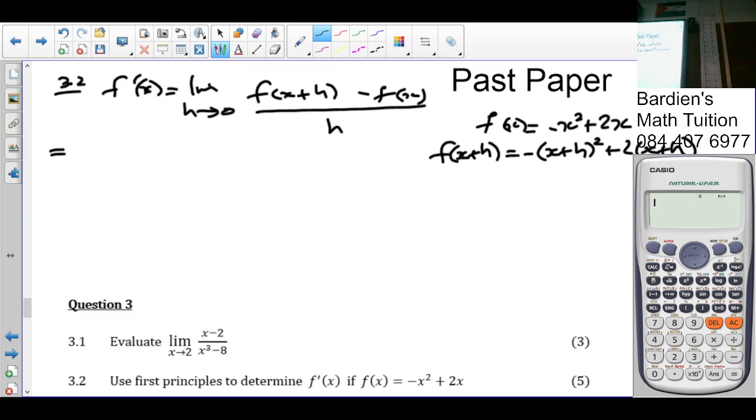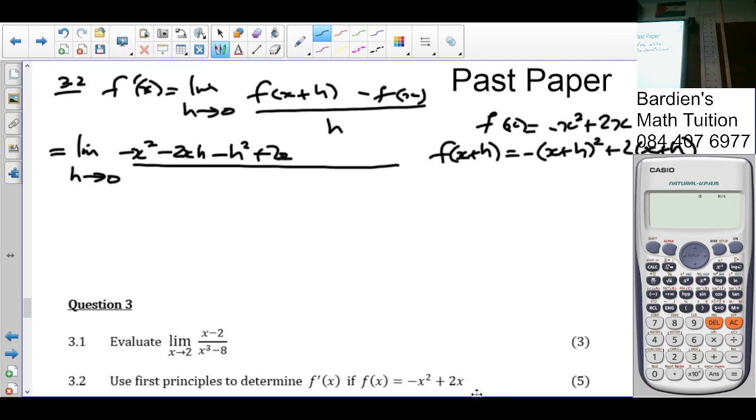Okay? So I write here the limit. I don't drop the limit until I substitute 0. That will give us negative x squared minus 2xh minus h squared plus 2x plus 2h minus, in brackets, negative x squared plus 2x.